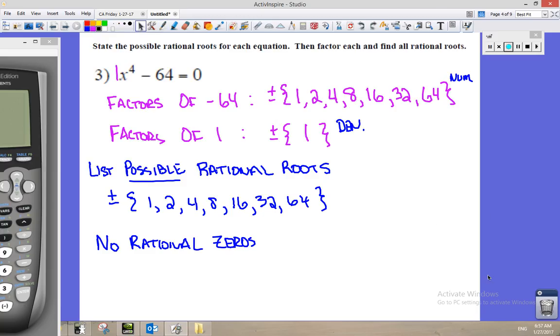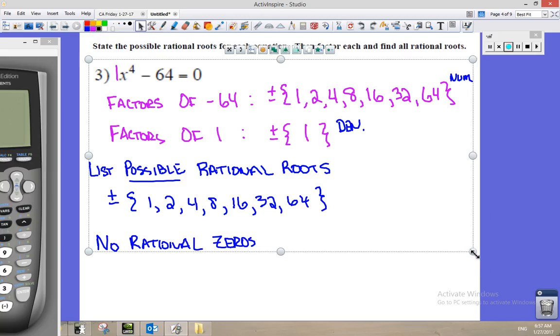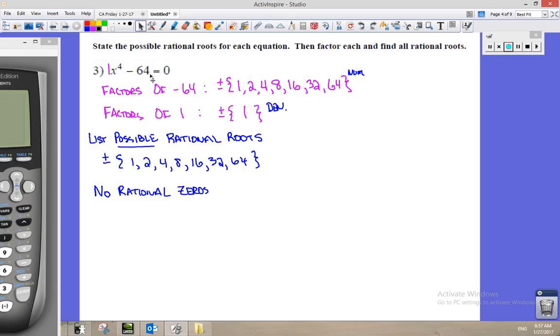Now, let me show you that we can factor this, because we can look at this as a difference of squares. This x squared is x to the 4th, and 8 squared is 64.